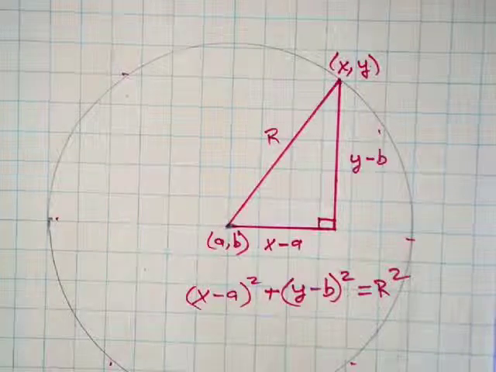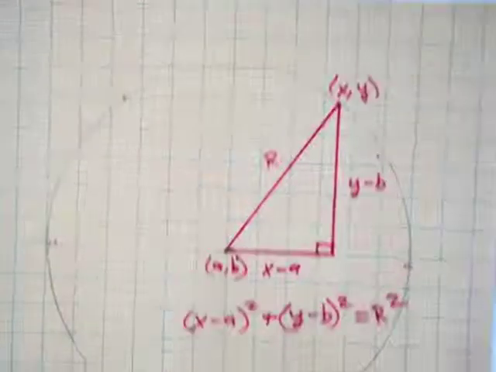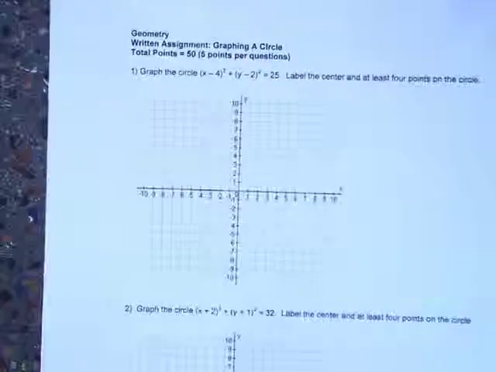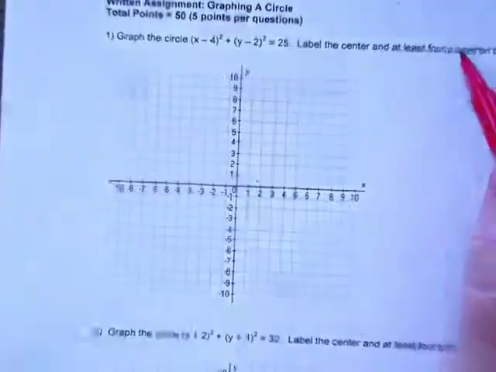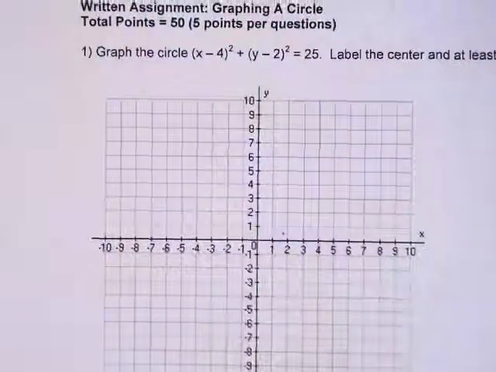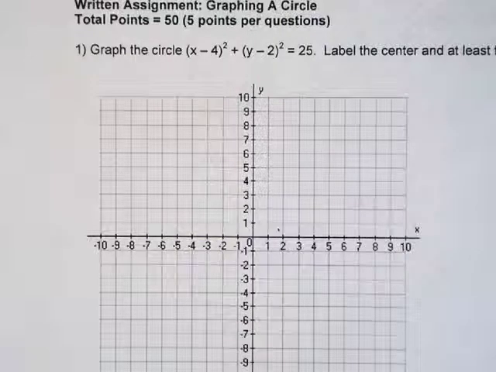Now, we want to find out what the radius is. So let's switch modes now to the homework and say, okay, that's the formula for the circle. Now, how do I solve that?